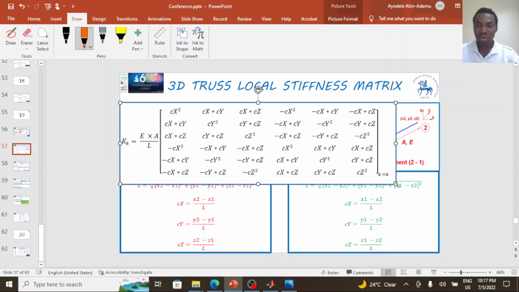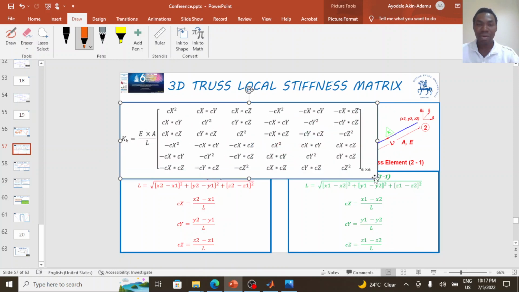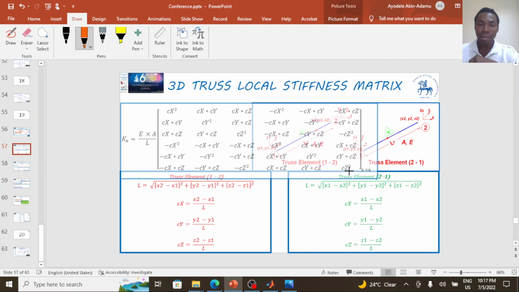I'm going to explain what that means. The local stiffness matrix of a truss element is a 6x6 matrix in this form: the Young modulus multiplied by the cross-sectional area divided by length, multiplied by this matrix. That gives the local stiffness matrix of the 3D truss element.